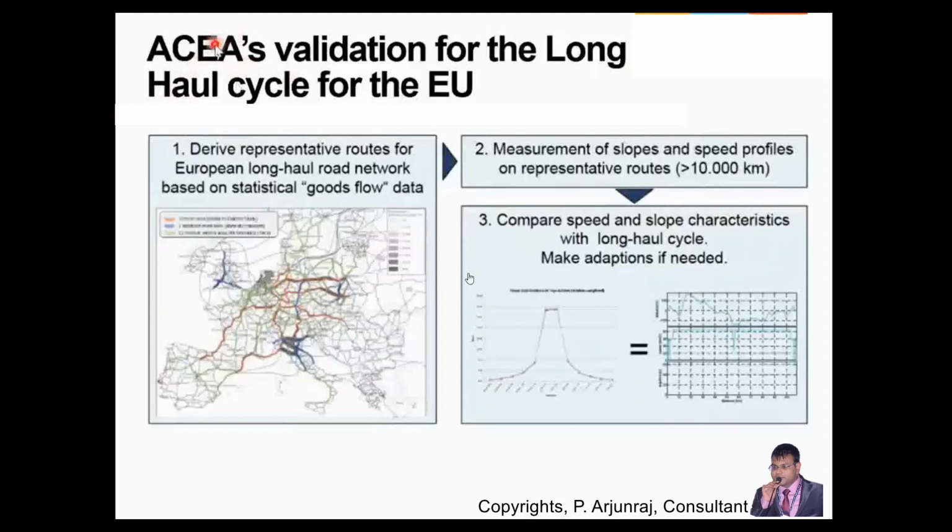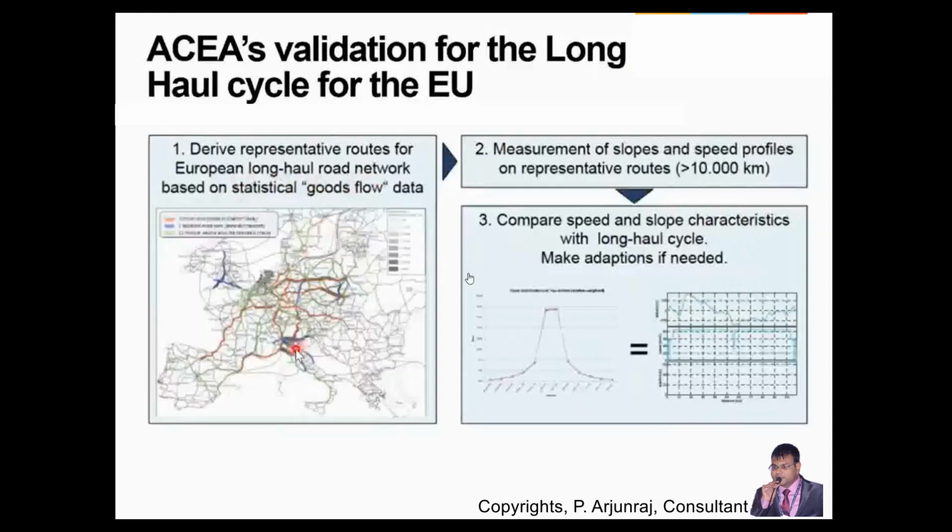It gives us a guideline for the long haul cycle for the Europe application. You can see the map where this has been taken with respect to the various routes, which represent the various locations of European countries where they have taken the long haul road network based on the statistics.